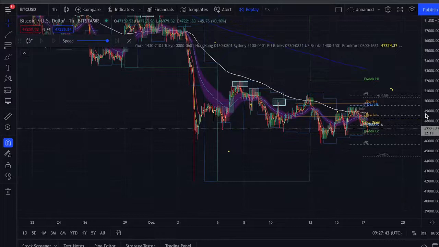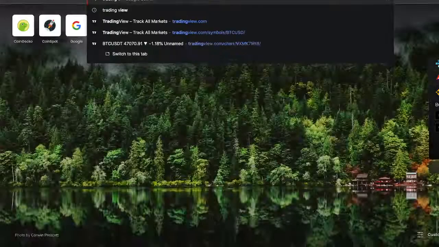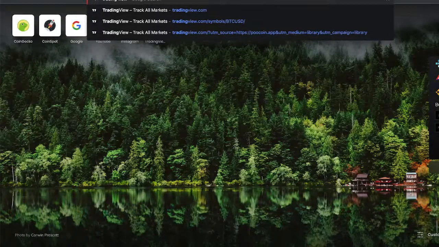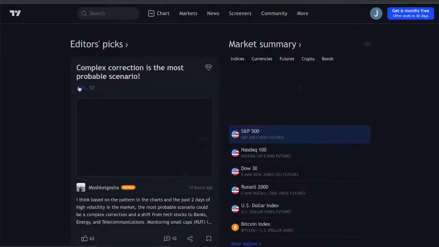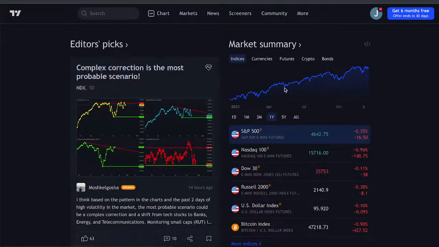Now, for anybody who's got a pen and paper, or is following along with your own laptop, you want to go to a website called TradingView.com. Go on there and get yourself a membership.